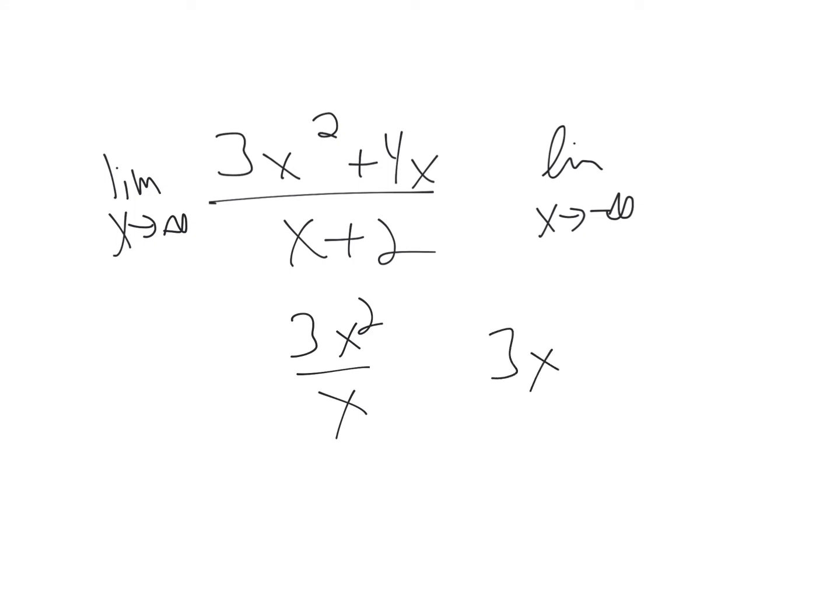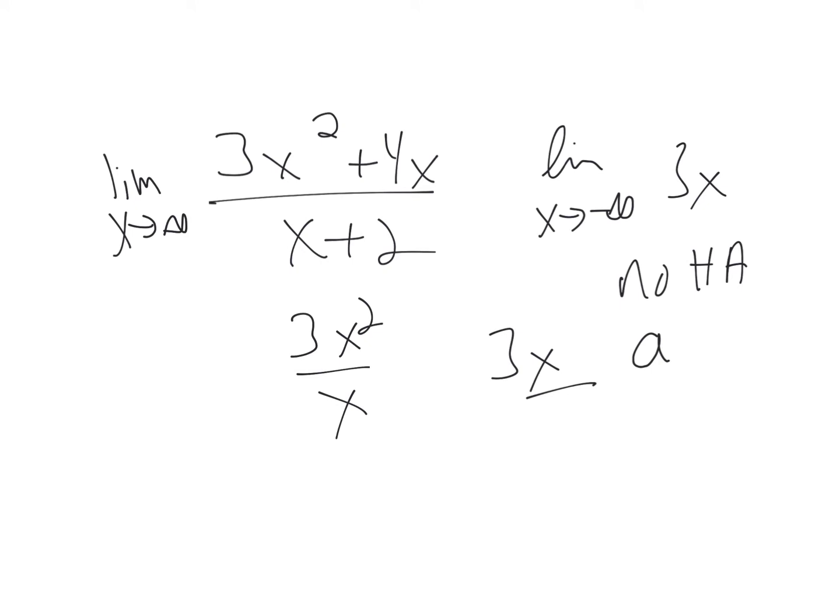That leaves me with 3x. What happens as x gets really big? This gets really big. What happens when I go out to negative infinity? This gets really negative. So this has no horizontal asymptote. It has an oblique asymptote, or slant asymptote.